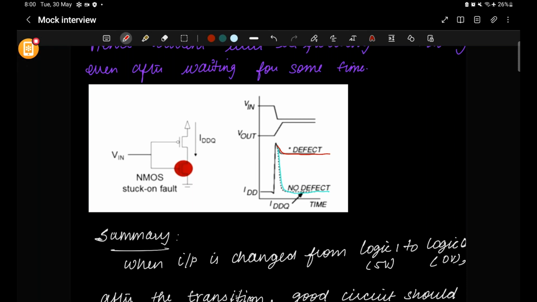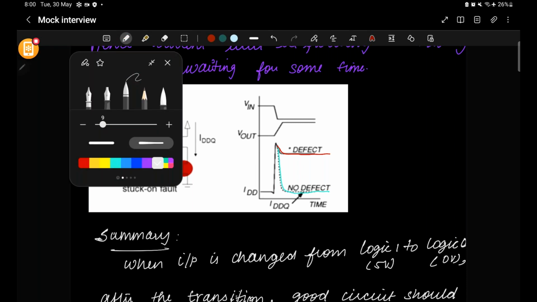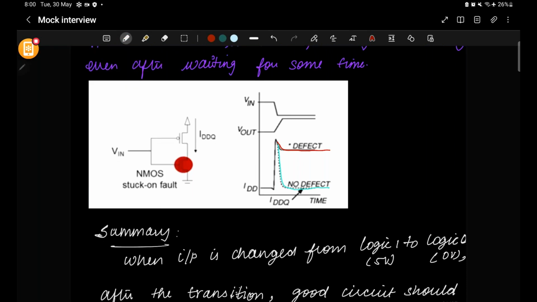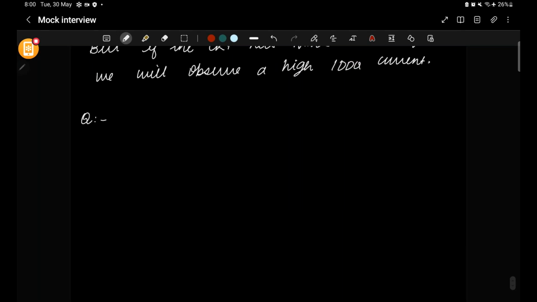And with the same concept, you can try to tell this answer. You can tell, this is a NAND gate. So how to construct a NAND gate?